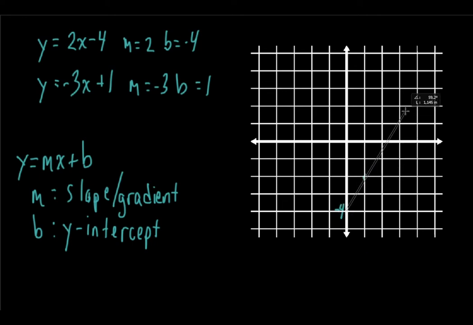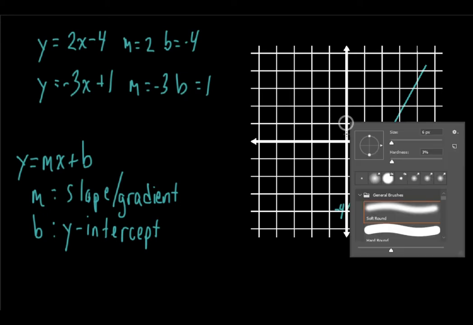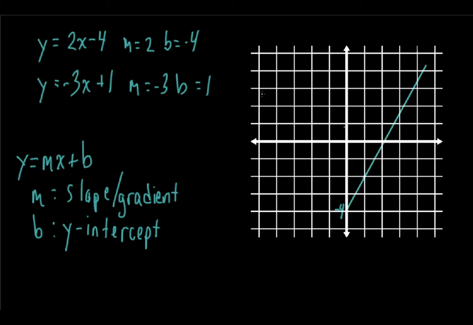So if I were to draw right through those 2 points, there would be our line, and we could extend it in both directions if we like. So looking at our other line, we have a y-intercept of 1. So it would cross the y-axis right here, and it has a slope of negative 3.